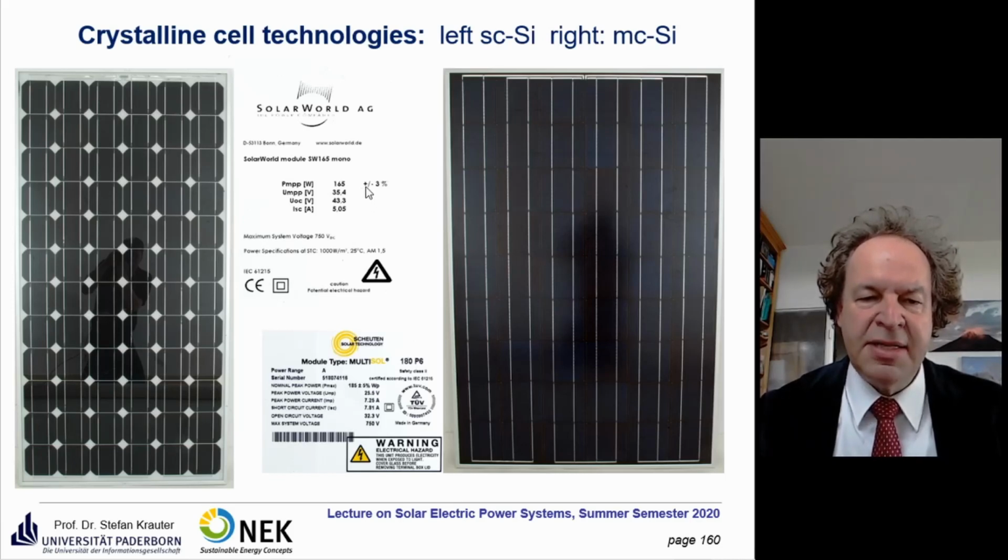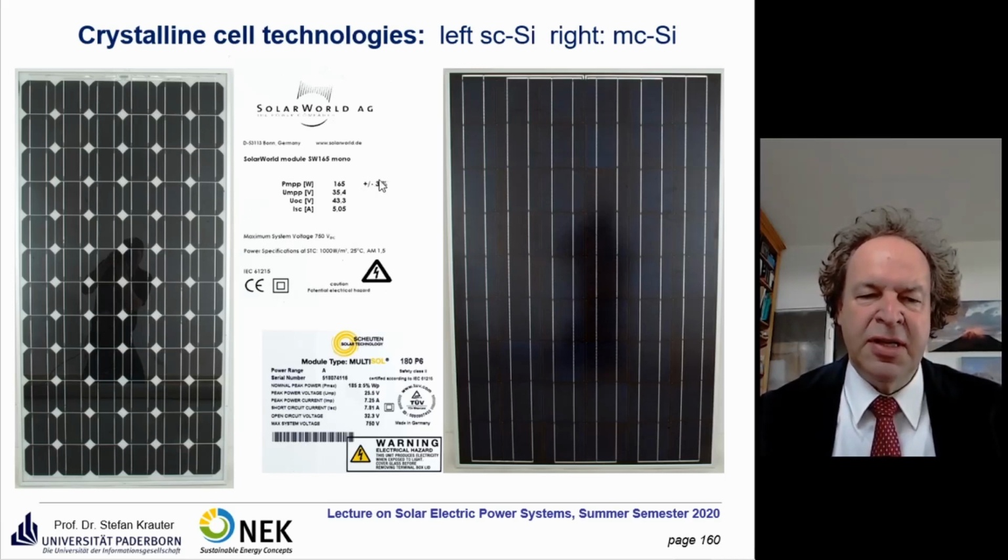There is a tolerance of plus or minus 3%. This is a bit critical for the financing of solar power plants, because usually the banks don't want to take any risks, so they take the worst conditions, so they always take minus 3%.